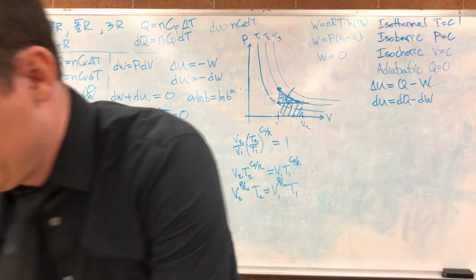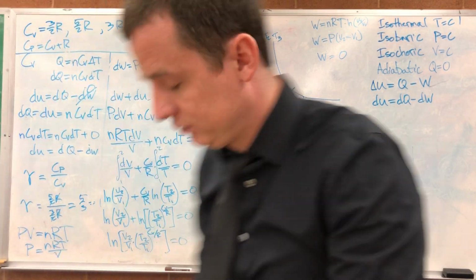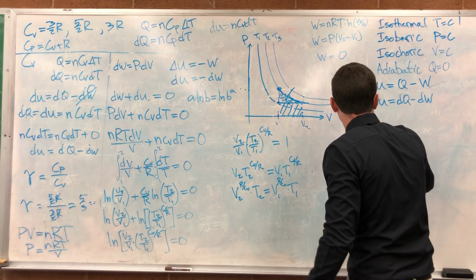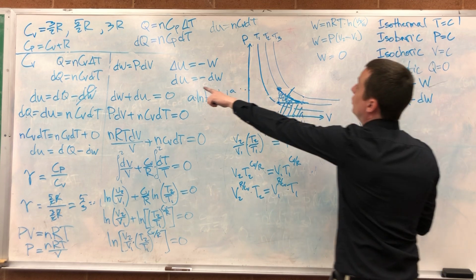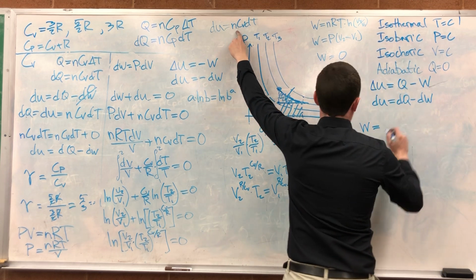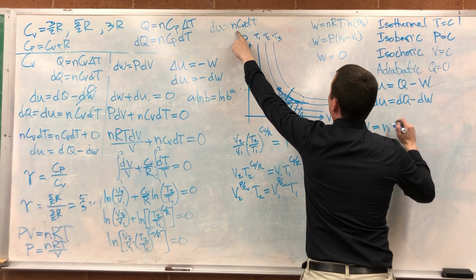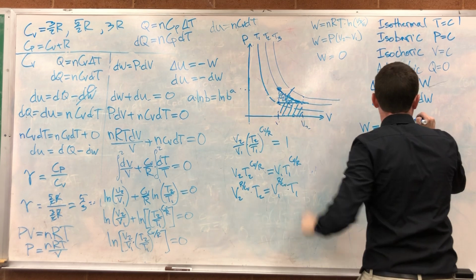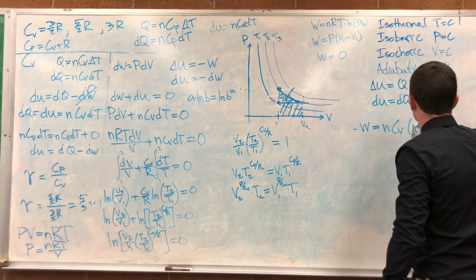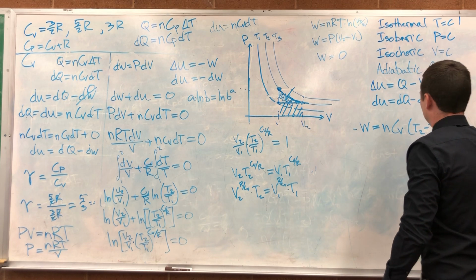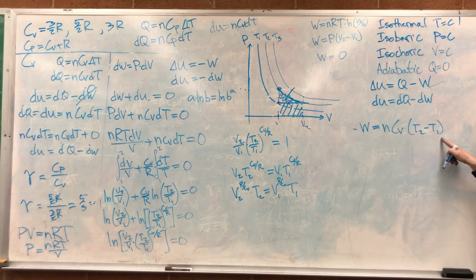The work on the system is equal to N CV times our change in temperature, T2 minus T1. Negative work is equal to our change in internal energy.